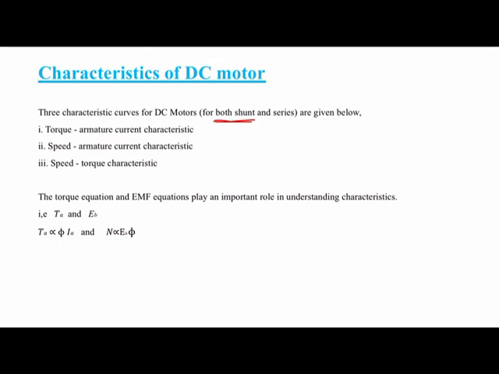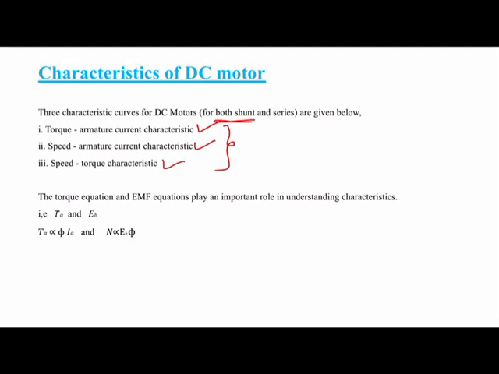When we say characteristics of a DC motor, we need to study the torque versus armature current, speed versus armature current, and speed versus torque characteristics. We need to study these three characteristics for any given DC motor, be it a shunt motor, series motor, or compound motor. In this lecture we will discuss the characteristics of the DC shunt motor.